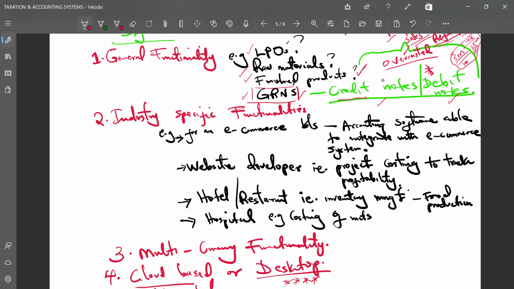It has just come to my mind now. Though I know I've already started discussing the second point of industry-specific functionalities, it has come to mind because I know it is a critical area.